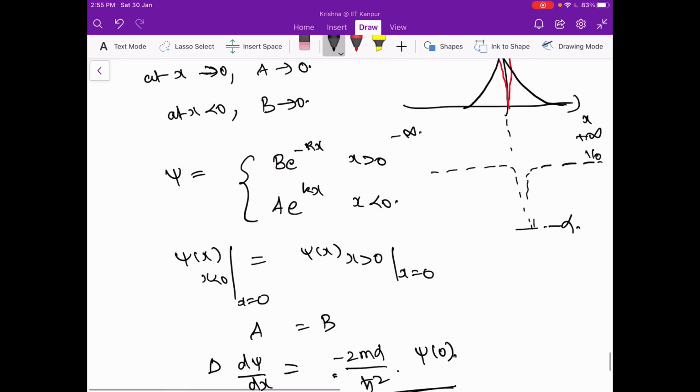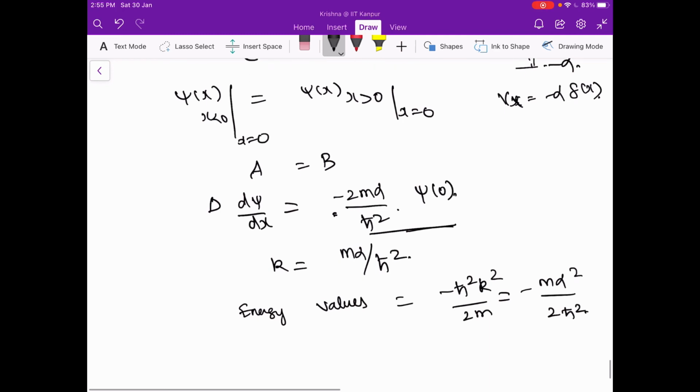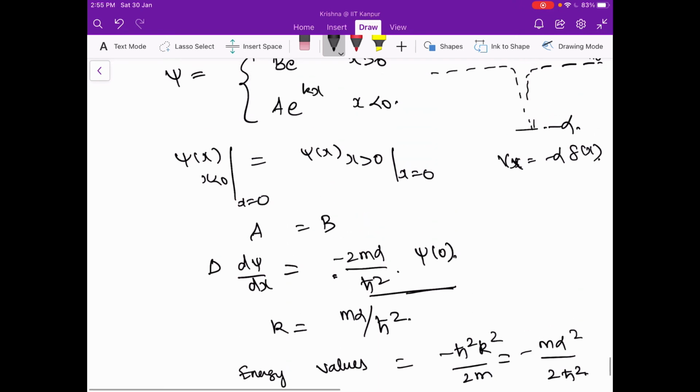So the actual V of x is basically minus alpha times delta of x, and that's where, instead of V of x at x equals 0 giving 2m alpha by h bar squared psi of 0 in our previous derivation, we get a minus value here, right?